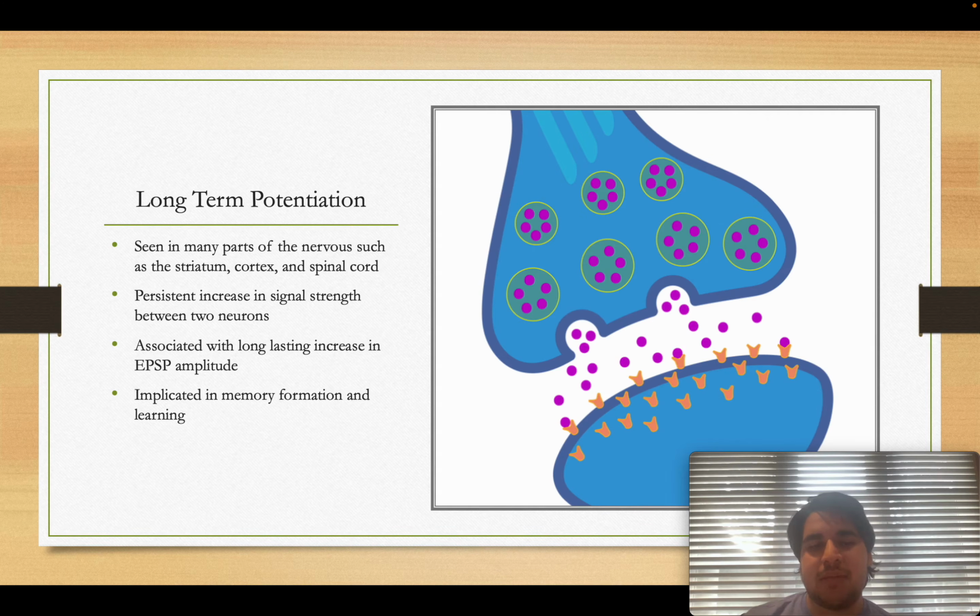In scientific terms, LTP, or long-term potentiation, is associated with an increase in the EPSP amplitude. And as I mentioned, it is very widely studied because it is implicated in memory formation and learning.